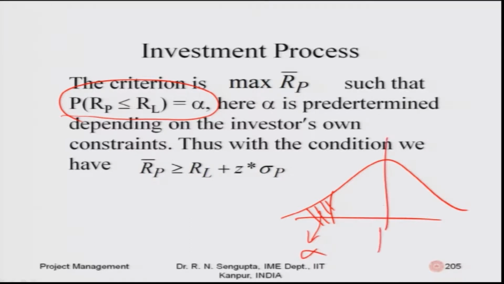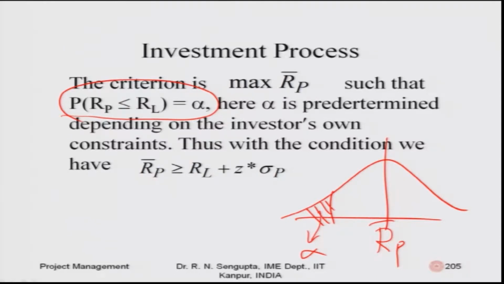This value is basically R bar p, whatever the portfolio of the project is, and what I need to do is push this mean value as far as possible to the right, provided this probability remains the same as alpha. This alpha value is the level of risk I am able to sustain for my overall project. Here alpha is determined depending on the investor's own constraints or for the project.